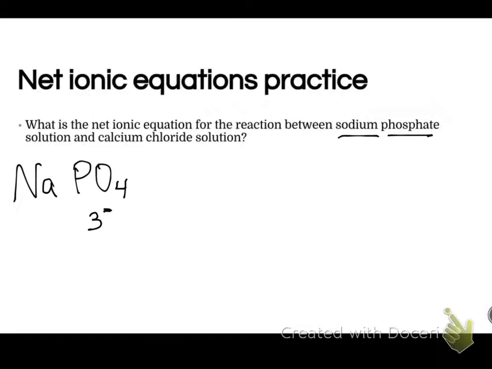That's really important because I have to balance the charges in my compound before I can get any kind of reaction out of this. So if phosphate is a 3- charge, and then I look at the front side of the periodic table to find out what sodium is, it's in group 1, so it always loses 1 electron to become +1.